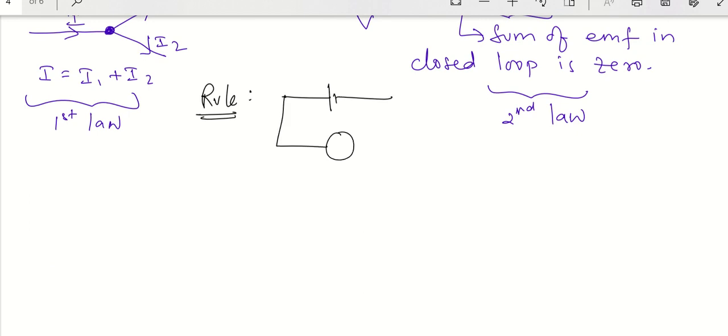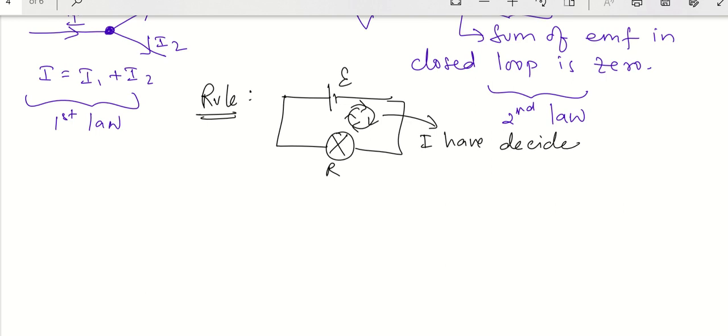I have my resistor and EMF, and I am going to decide that I will move clockwise.